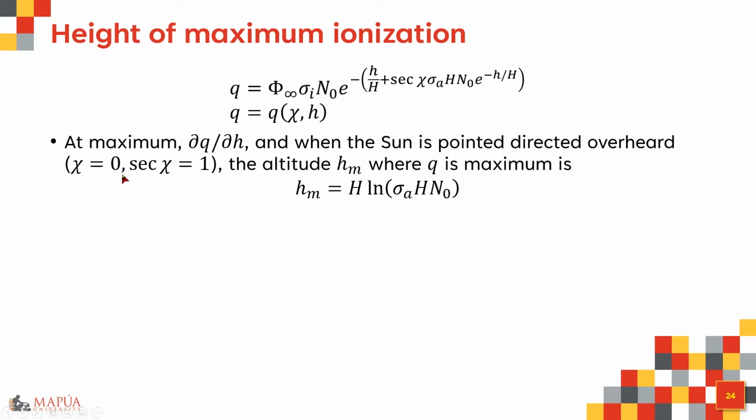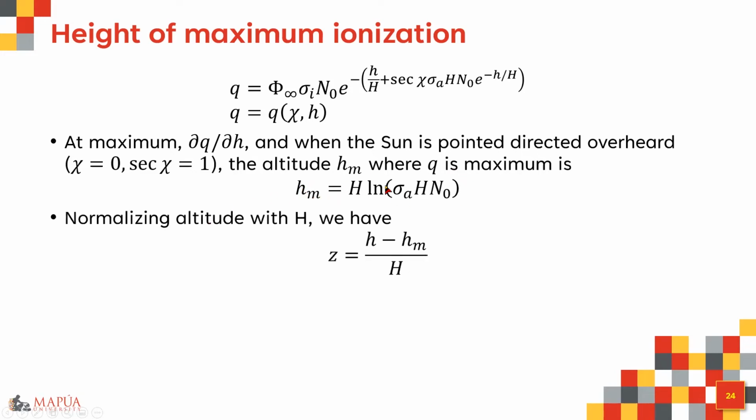If the zenith angle is 0, the secant of chi, secant of 0, would be 1. So if we differentiate this, the altitude where q is maximum is given by this equation.